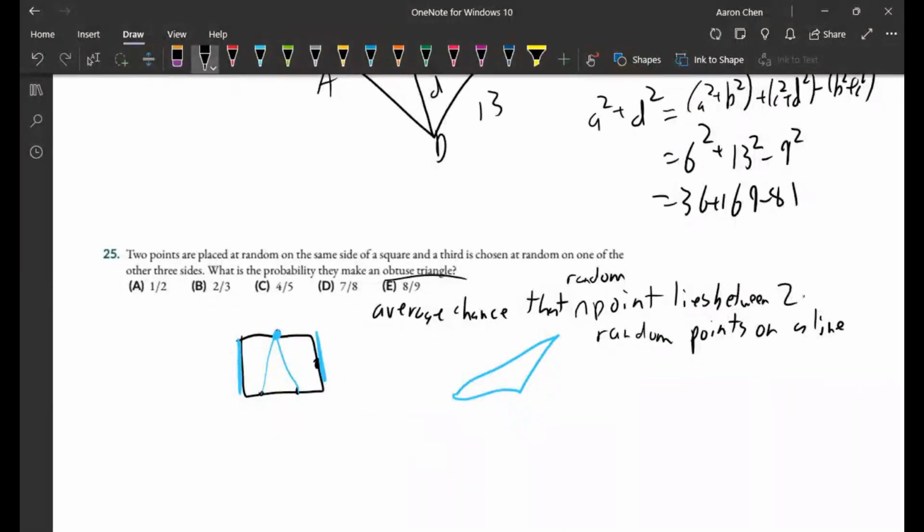And so you can do a symmetry argument, and it's like the 2 points divide the line into 3 equal parts on average, or something like that. So yeah, you can use a symmetry argument. I should probably specify that this average chance that a random point lies between 2 random points on a line is just equal to the expected length of the segment between 2 random points on a line.